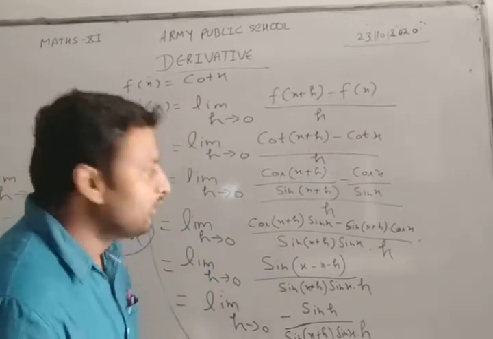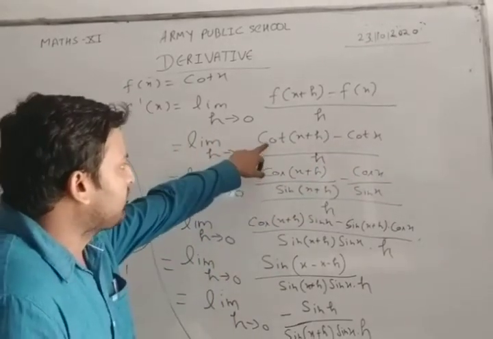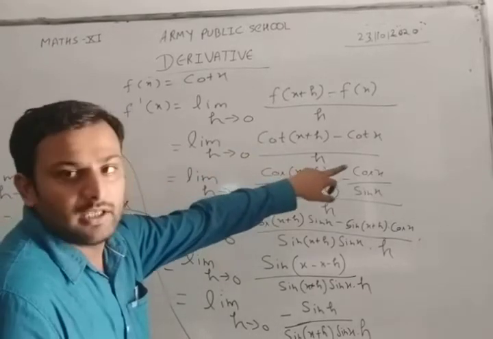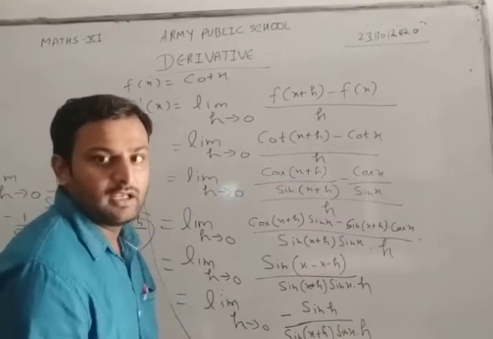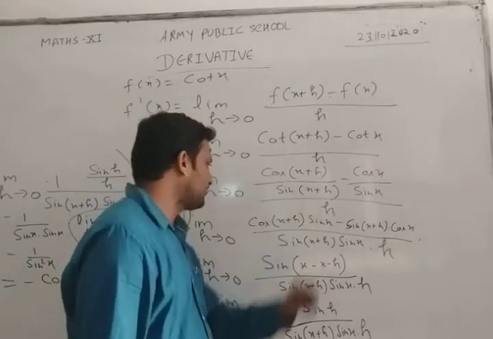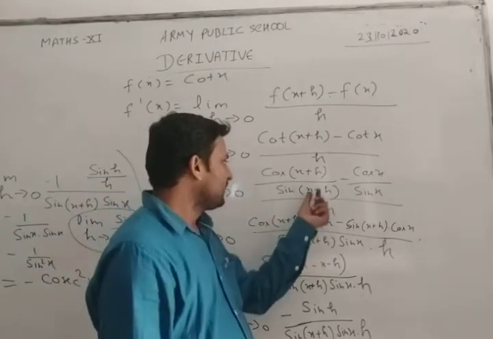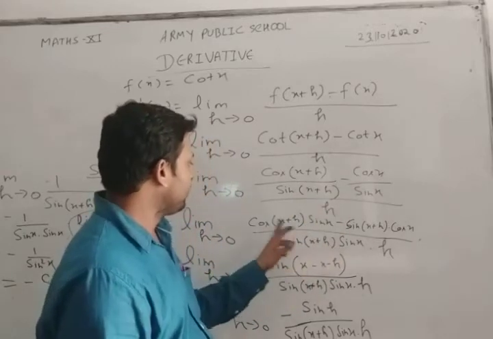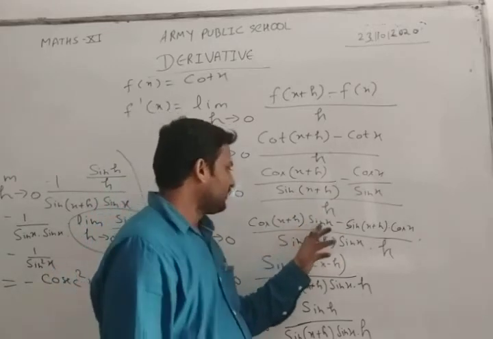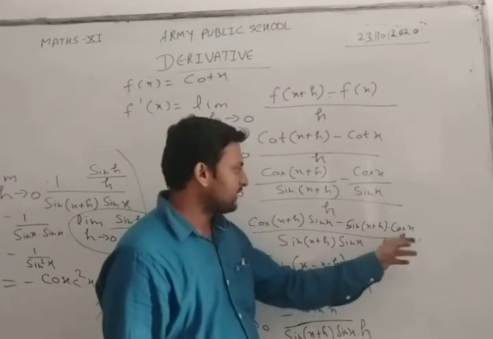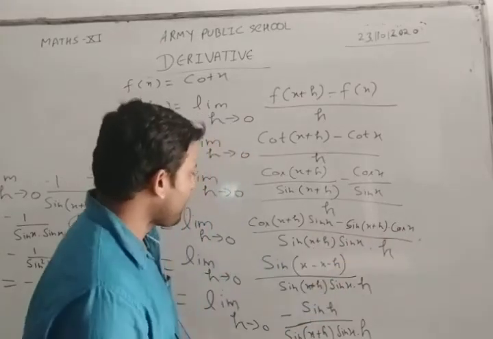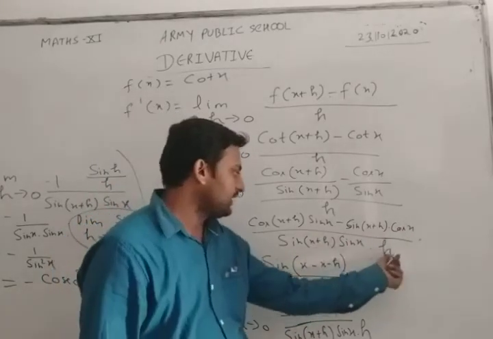So what we will do? Now we will write cos x by sin x minus cos x by sin x by h, limit h tends to 0, cos x plus h. Now take LCM. We get cot x plus h sin x minus sin x plus h cos x divided by sin x plus h sin x into h.